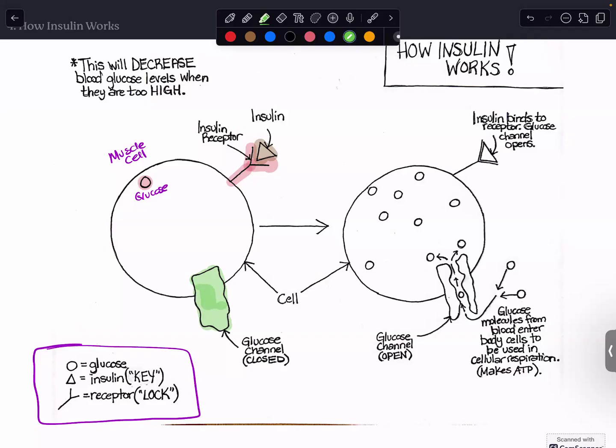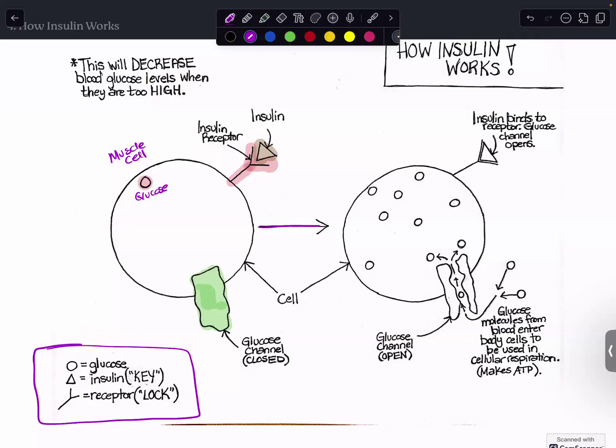But it is closed because the only way to open this glucose channel is for insulin to bind to the insulin receptor, much like a lock and key. If insulin is the key, then the receptor is the lock. And once they bind to each other, that's what's going to prompt the glucose channel to open.